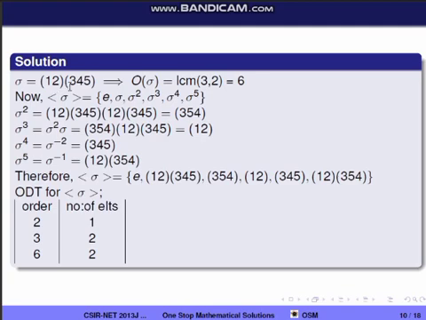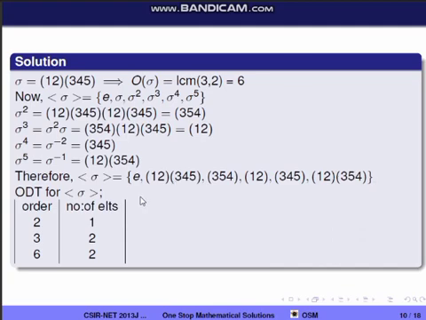And for the 3 cycle, we fix the first element 3, then interchange these two, so we'll get 3, 5, 4. So totally we'll get sigma power 5 is equal to 1, 2, 3, 5, 4. Therefore the cyclic group generated by sigma is equal to E, 1, 2, 3, 4, 5, 3, 5, 4, 1, 2, 3, 4, 5, 1, 2, 3, 5, 4.